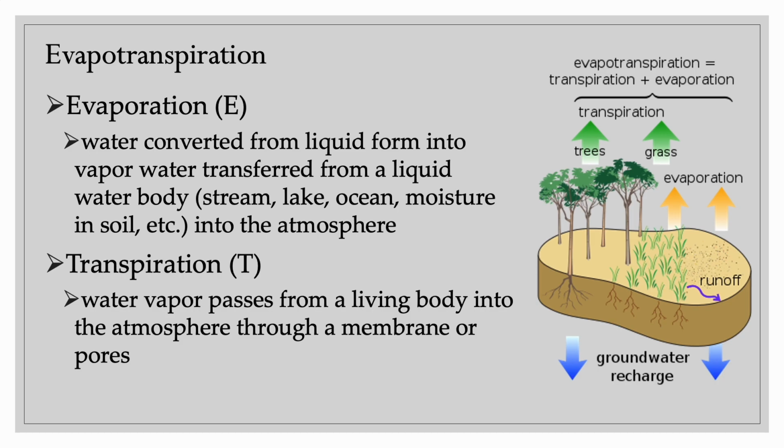If you were to spill water on a table and not wipe it up, eventually that water would evaporate. So it has to be from a water body. Next, we have transpiration, which is when water passes through a membrane or a pore. This is water moving up the plant and then out the stoma, or the stomata.